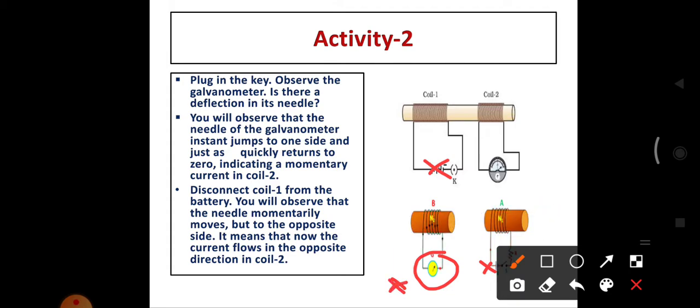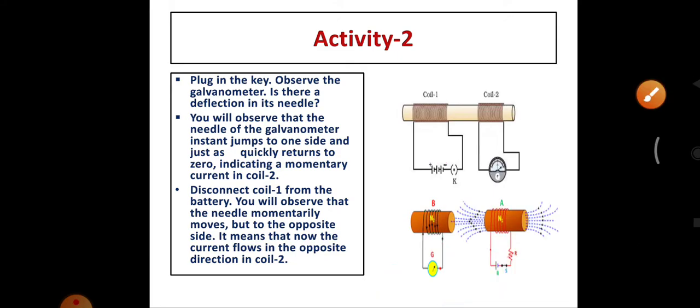That means first it deflects to this side, and when I disconnect the battery from coil 1, it deflects to the opposite side. It indicates that the first time the current flows in one direction, and the second time it flows in the opposite direction. So why is the current induced?